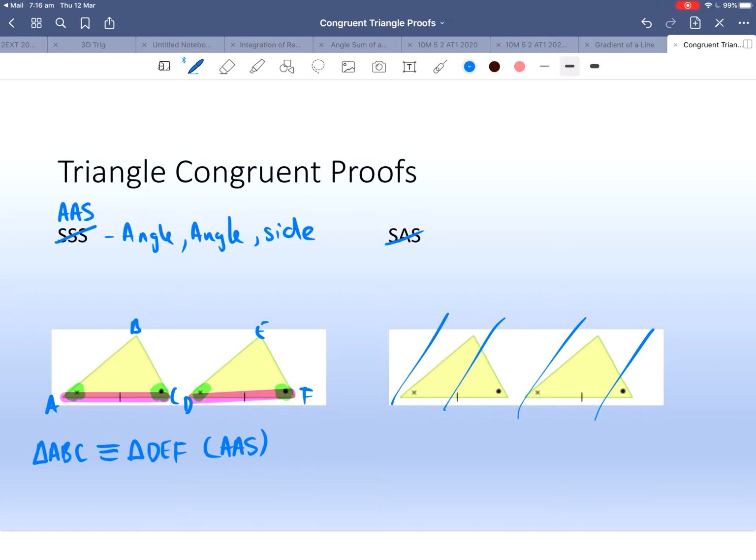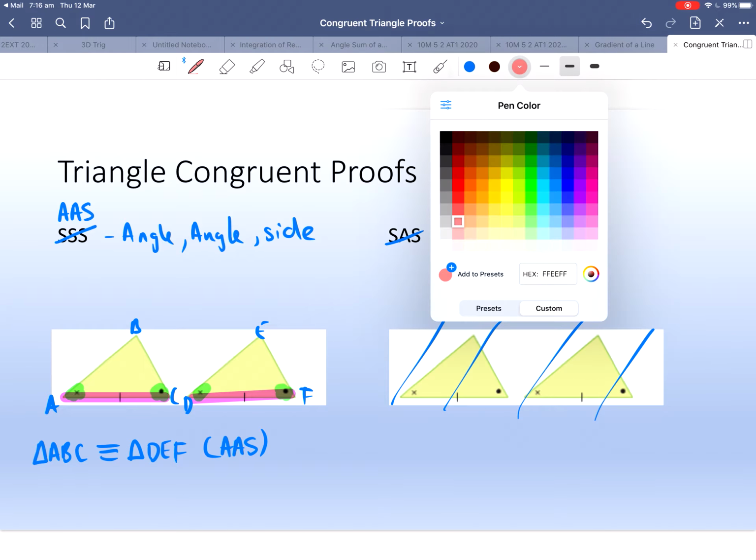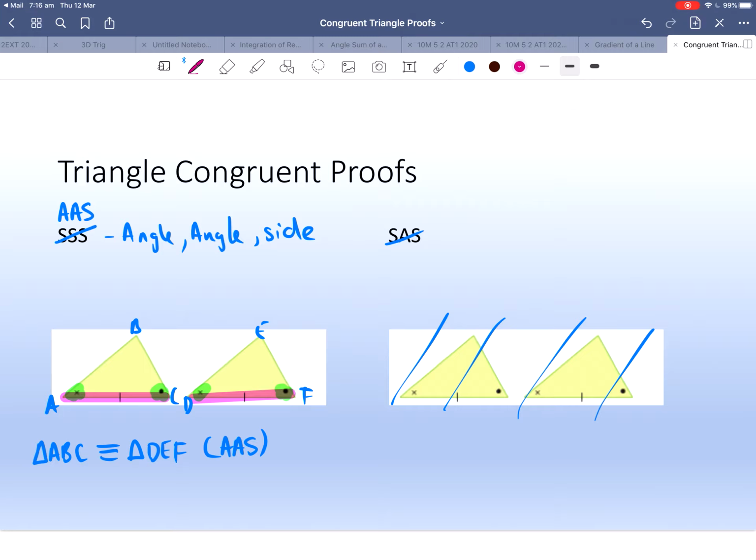Now with the last one, which I obviously didn't set up properly, is RHS. Some people think of this as right-hand side, and it has something to do with it. I'll draw my proper triangle so I can prove this. They are two right angle triangles.